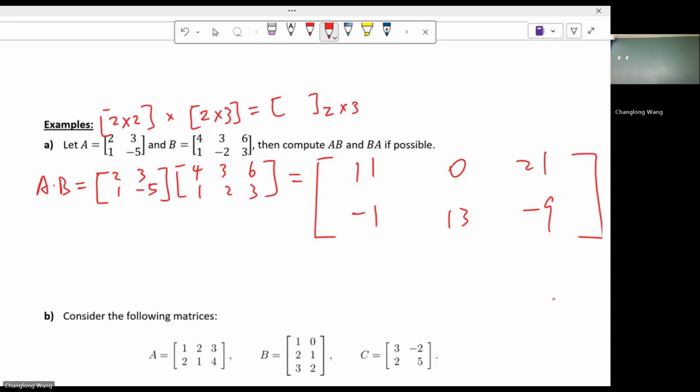Yeah. Well, so let's see here. That's the first row, third column, right? First row, third column. So it's 2 times 6, which is 12. And 3 times 3 is 9. Oh, sorry. Right.